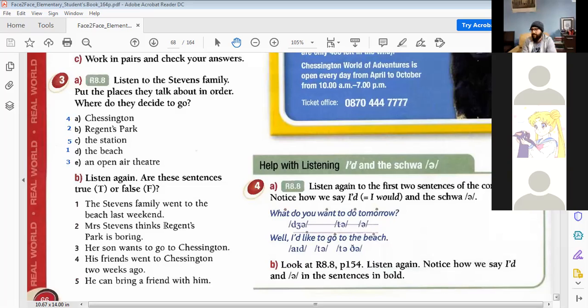Are you sure? Yes. Okay, I don't remember, to be honest. I wasn't paying attention. Their mother wanted to go to Regent's Park in the beginning.